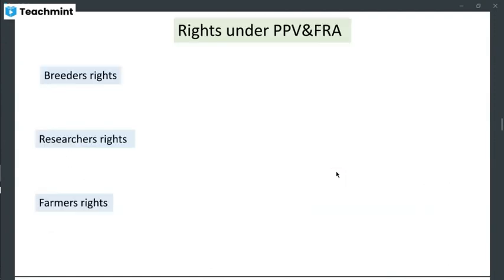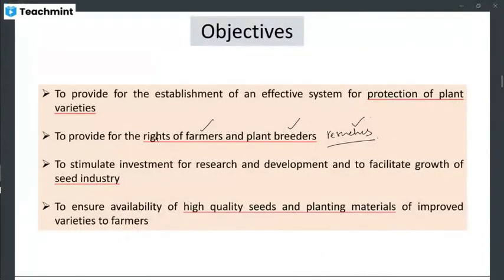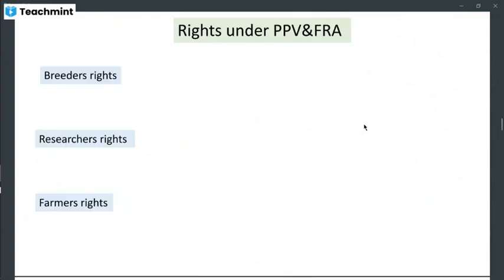Now we will see what the different rights are that PPV FRA gives. In the objectives, we discussed that it gives certain specific rights to farmers, breeders, as well as researchers. There are three different types of rights, as we said earlier: the breeder's right, the researcher's right, and the farmer's right.